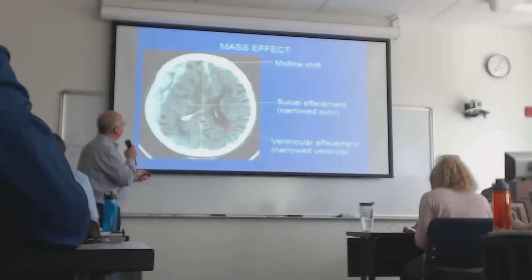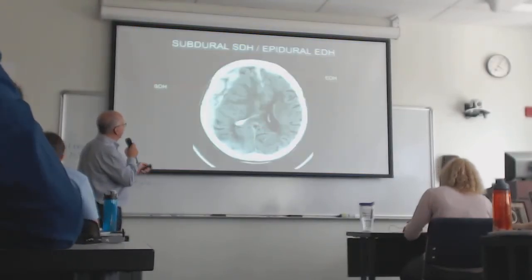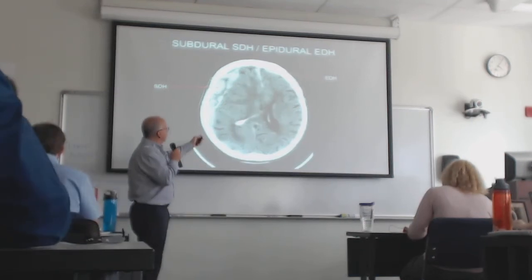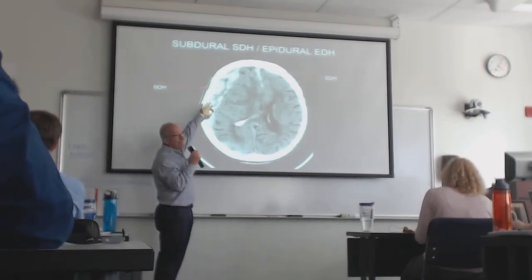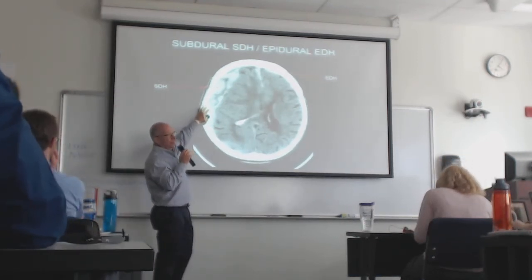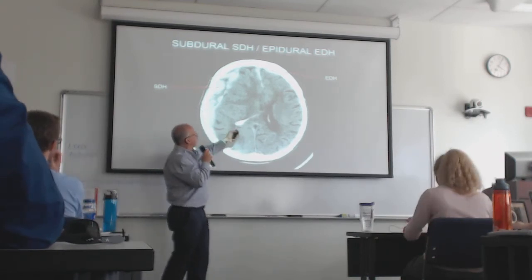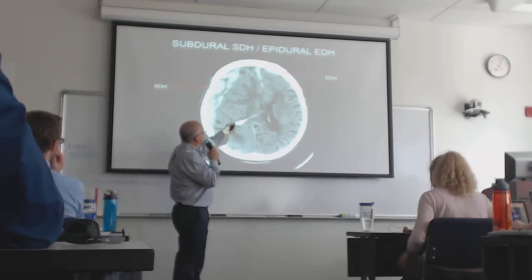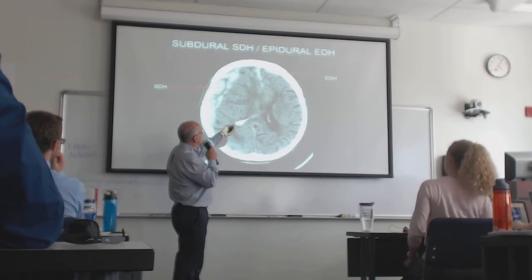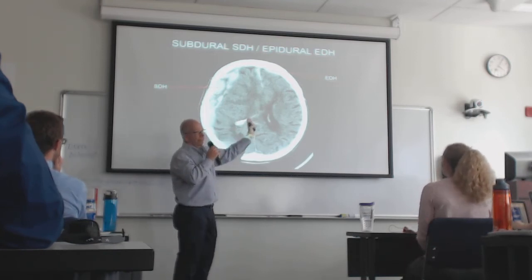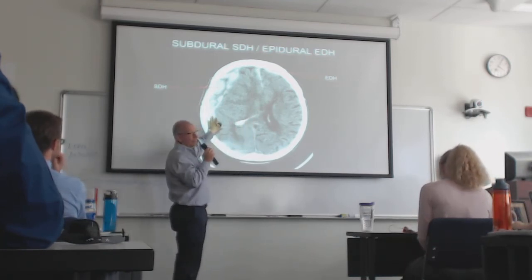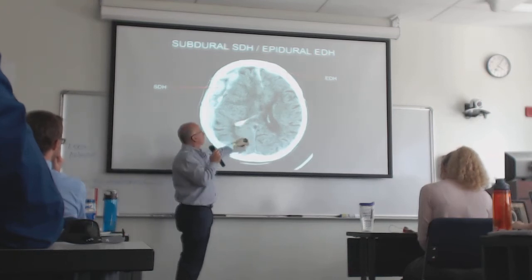So there are a couple of other findings on this. So this patient has all this blood outside of the brain on the right side. But notice what's happening. Notice that falx right here is being pushed to the left. So there's mass effect. There's right to left midline shift.